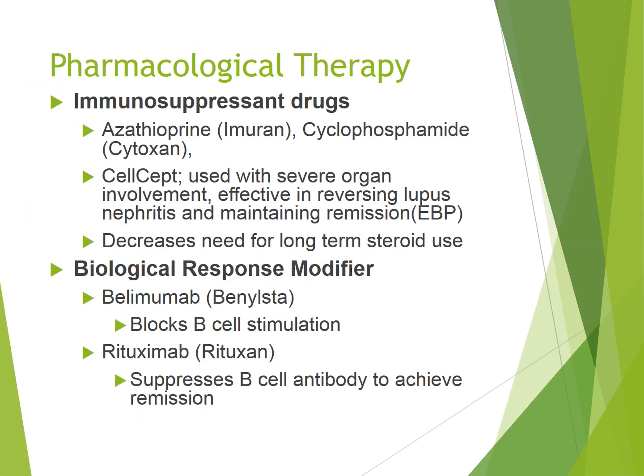Very used medication. Immunosuppressants do what? Suppress the immune system. Now, we're not going to give these routinely. Immunosuppressant drugs are reserved for the patient who has a severe form of SLE and has not responded to any other kinds of therapy.